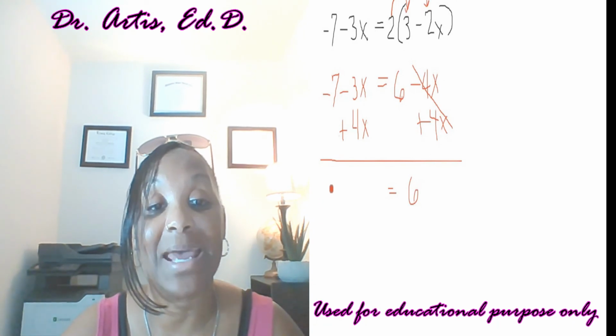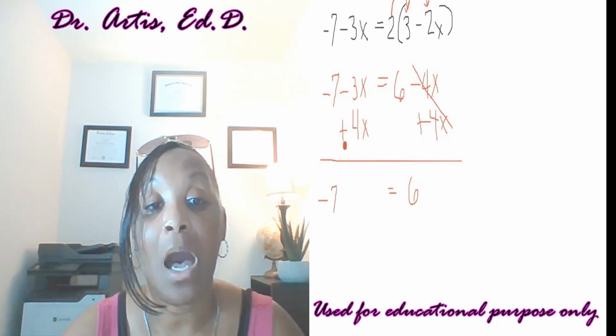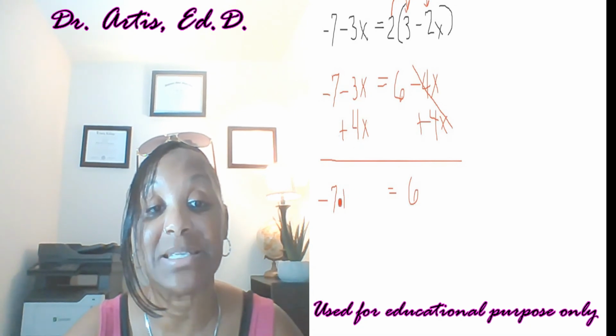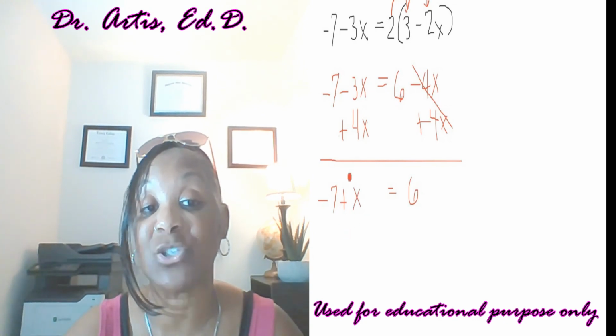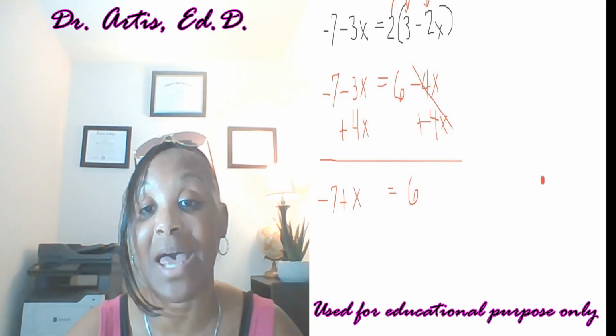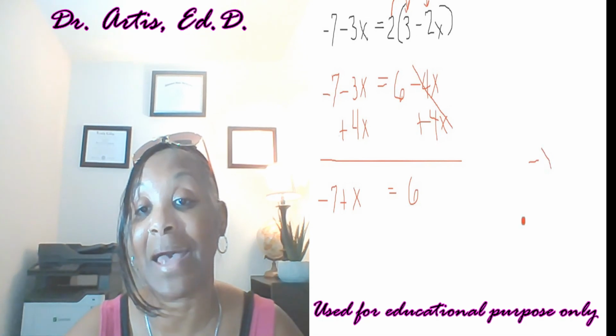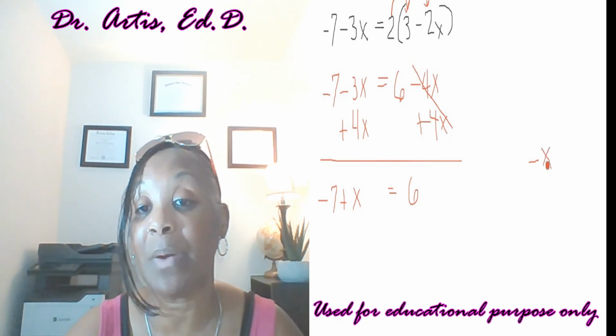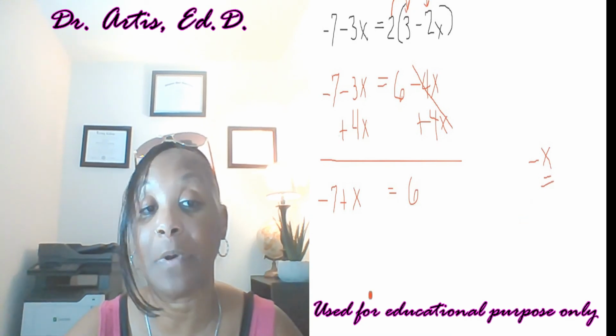And now I have a negative 7, a positive 4x, and a negative 3x, which will give me a positive x. And this is what I actually wanted. I wanted to have a positive x as opposed to a negative x. Otherwise I would have to get rid of this negative, because remember, we're trying to solve for x.